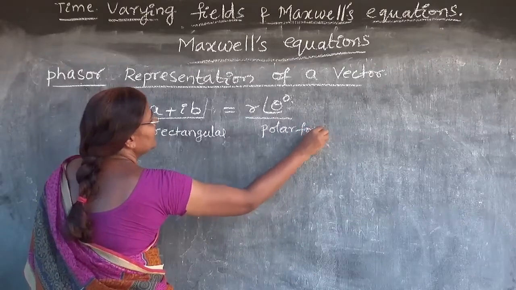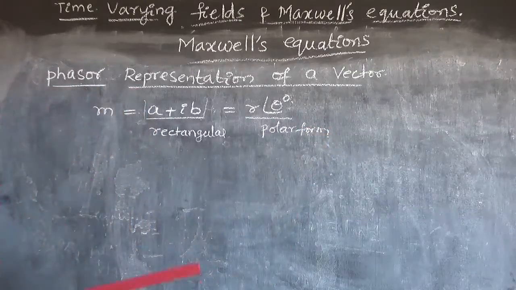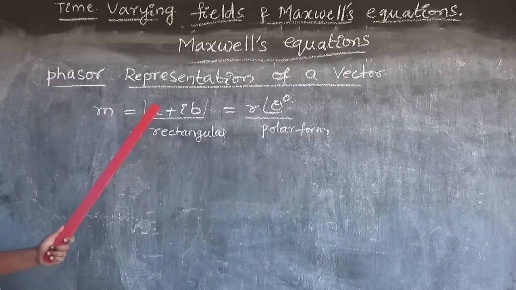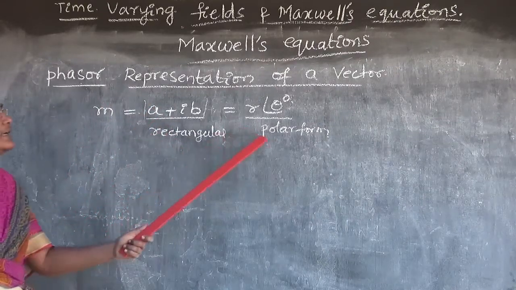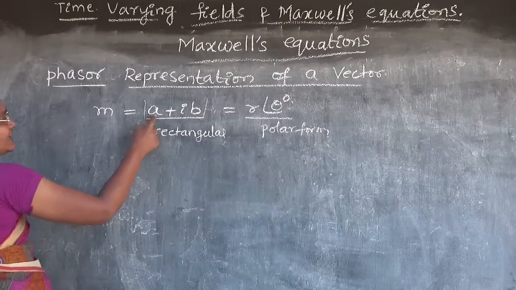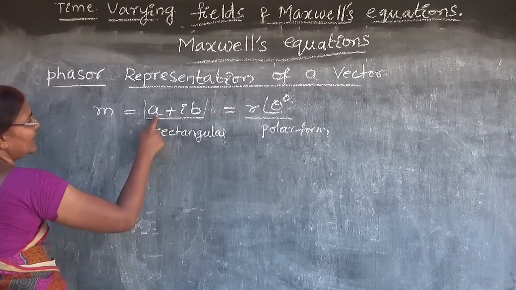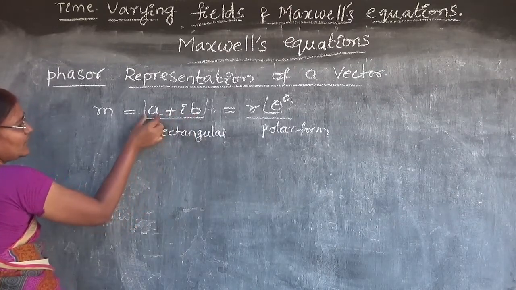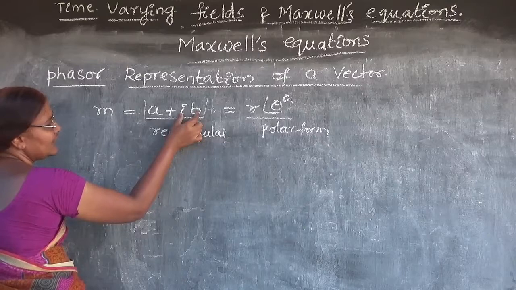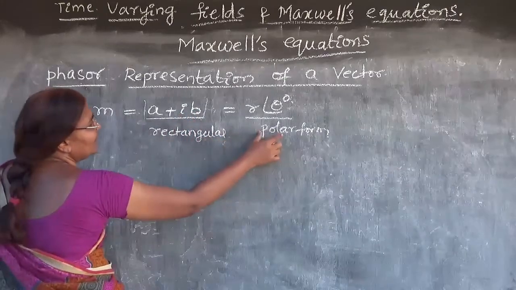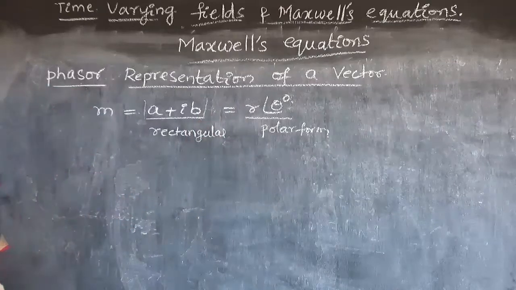You can represent a complex number either in rectangular form or in polar form. The rectangular form has some a plus ib, that means some real quantity and some imaginary quantity. In polar form we will have some angle.